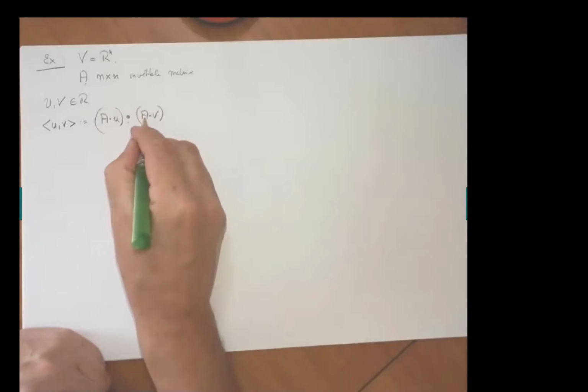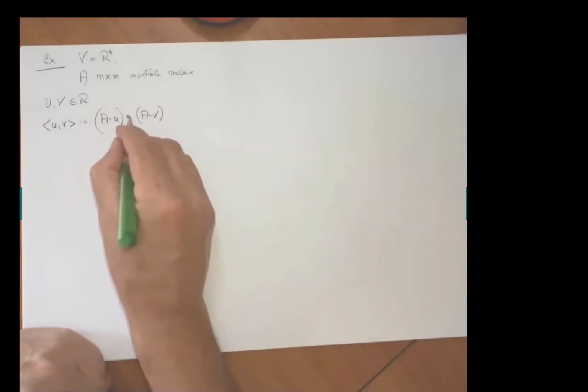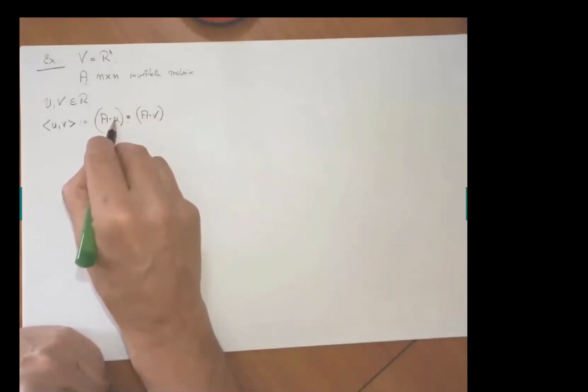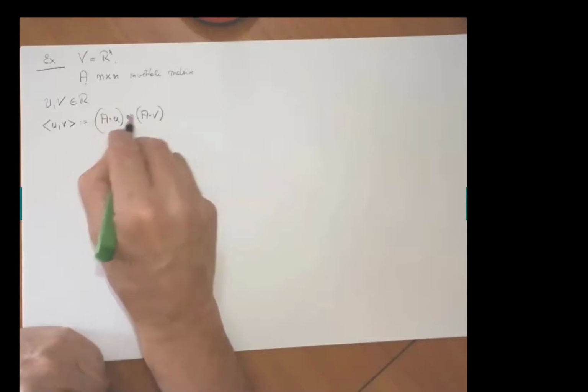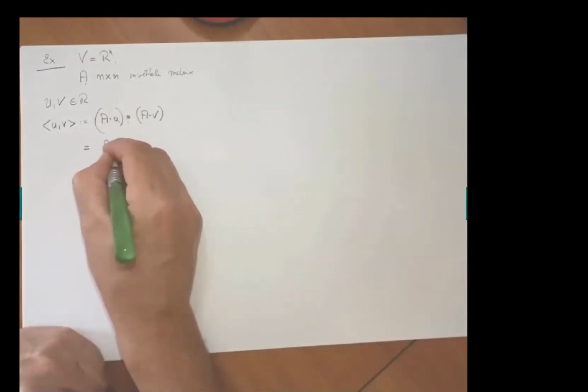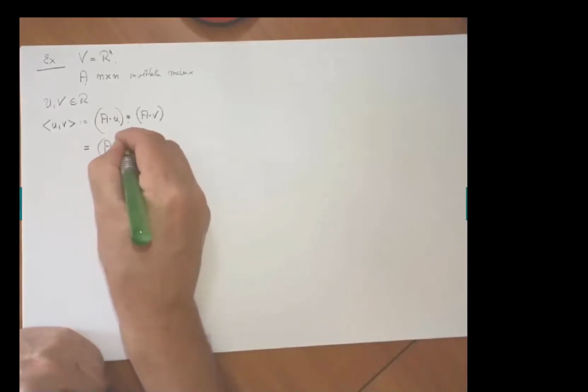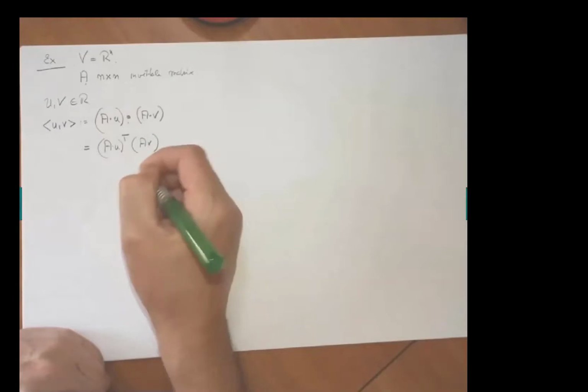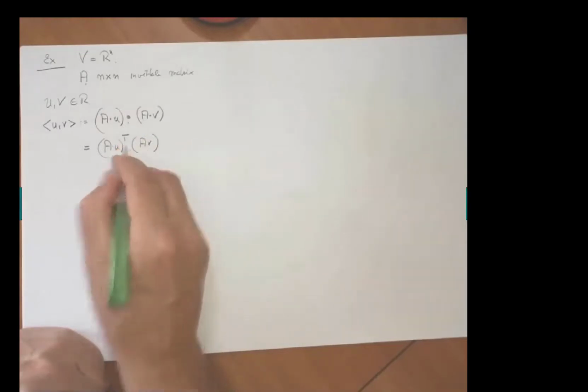So this is matrix times vector, and then do the dot product. Keep in mind, the dot product is nothing else than multiplying the transposed vector times the vector. So it turns out this is the same as Au transposed times Av with the matrix product.